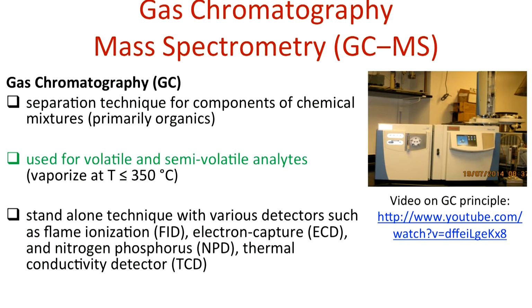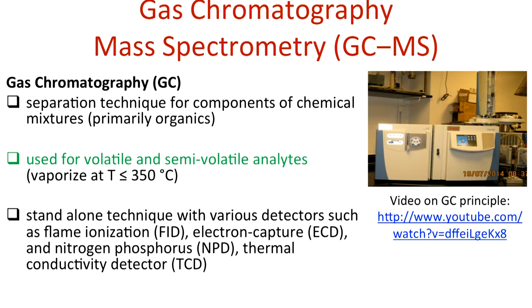So next we have gas chromatography mass spectrometry. Usually we call it GCMS, and it's mainly used for analysis of organic compounds, and also for volatile and semi-volatile analytes.